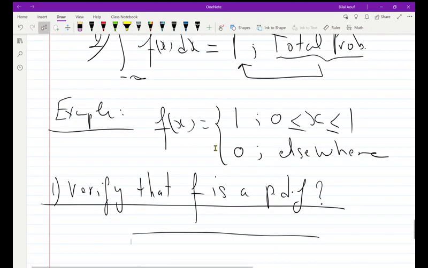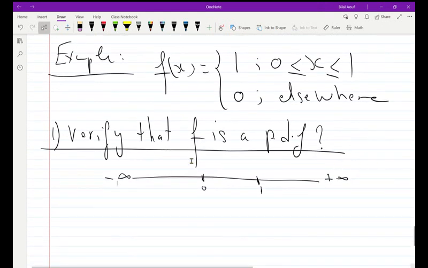In here it's defined on 0 and 1, so I put 0 and 1. On the right hand side I will go to plus infinity, on the left hand side minus infinity.